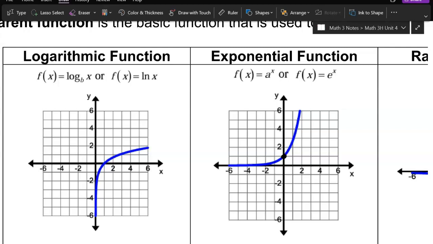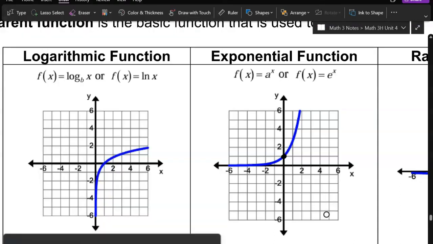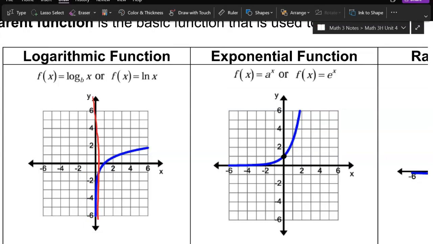But you'll notice here, instead of the y equals 0 asymptote, it's an x equals 0 asymptote. So the y-axis is that asymptote there. And it has that other semi-asymptote at that point too.